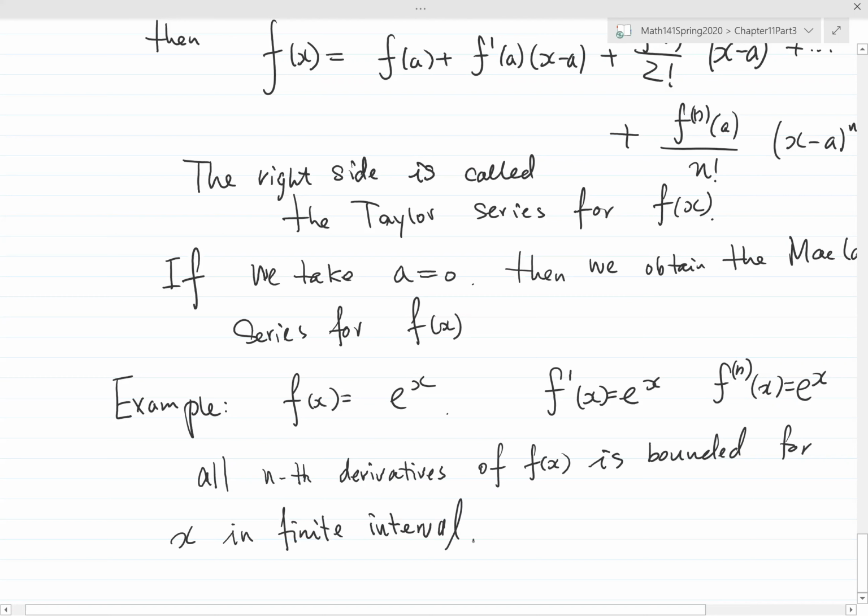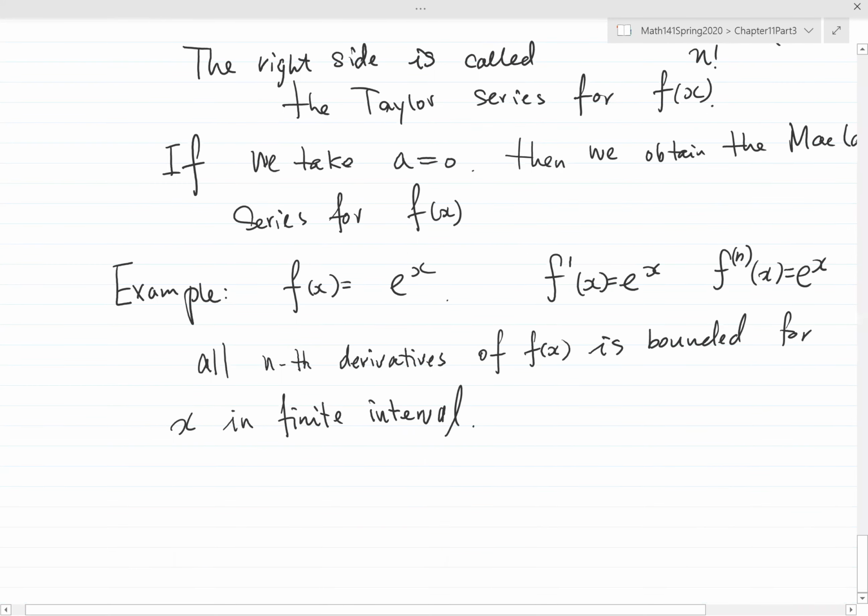Every nth derivative is bounded uniformly. So by the above corollary, we know the Taylor series equals the function f.